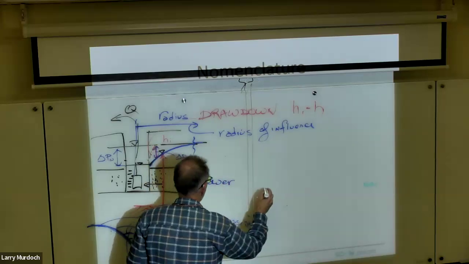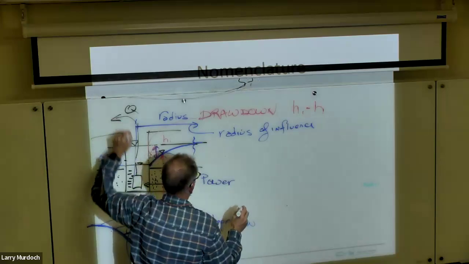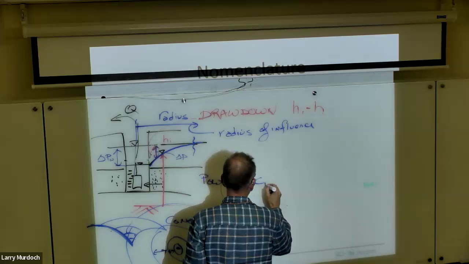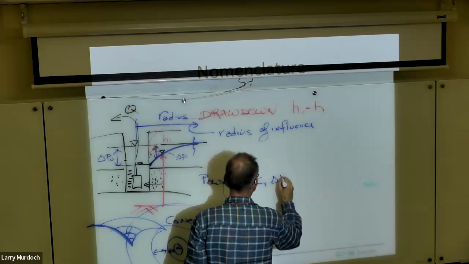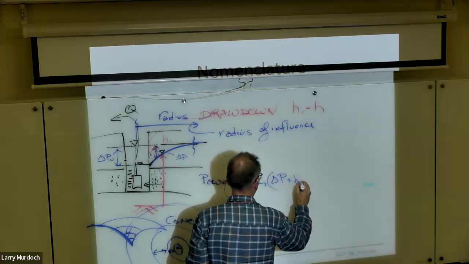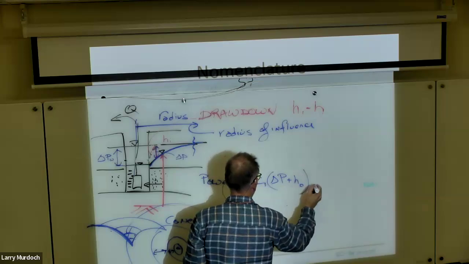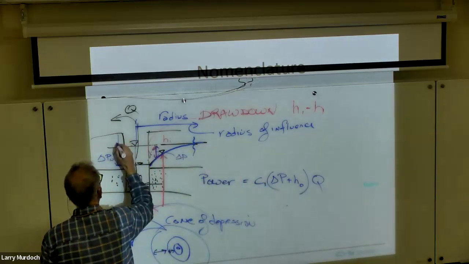is going to be, let's say, equal to a constant times the, so this would be 180.